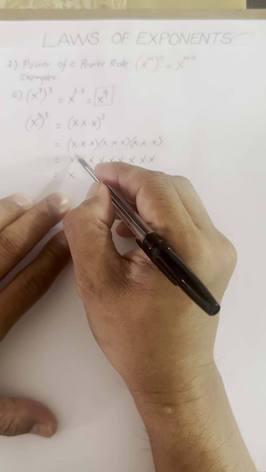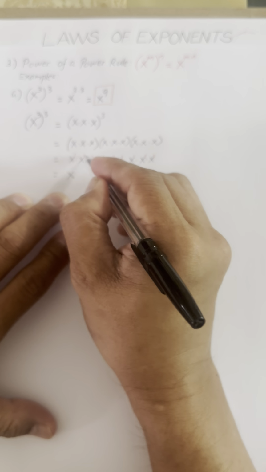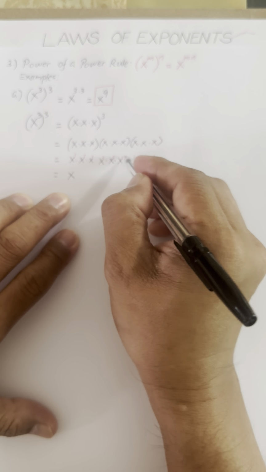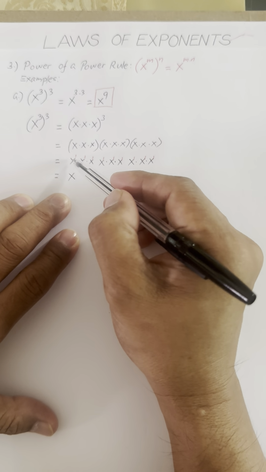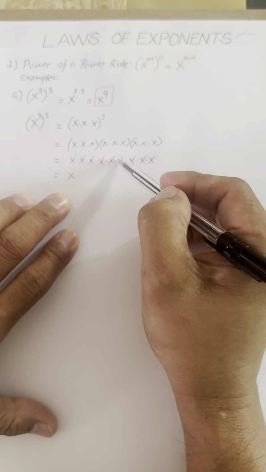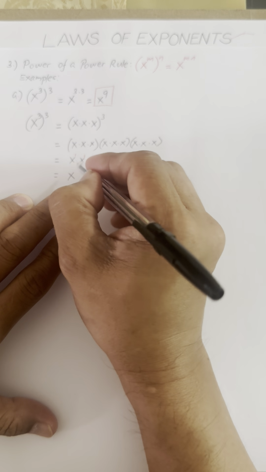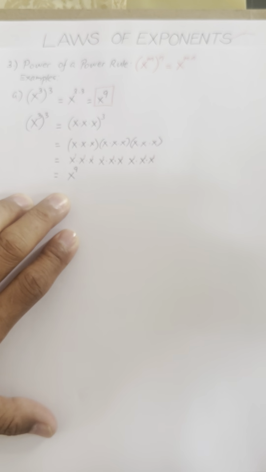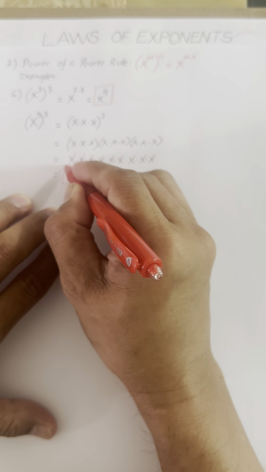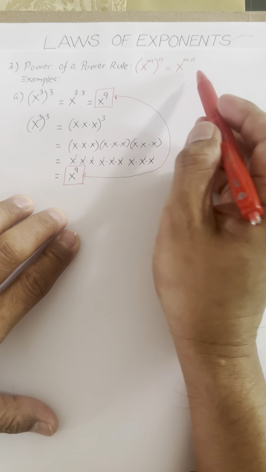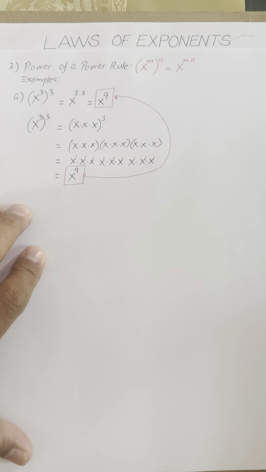So we have 1 plus 1 plus 1 plus 1 plus 1 plus 1 plus 1 plus 1 plus 1, or just count how many x's we have. 1, 2, 3, 4, 5, 6, 7, 8, 9. So this is power 9, the same as what we have above, right? But this is the long method, and this is the shortcut using the rule.